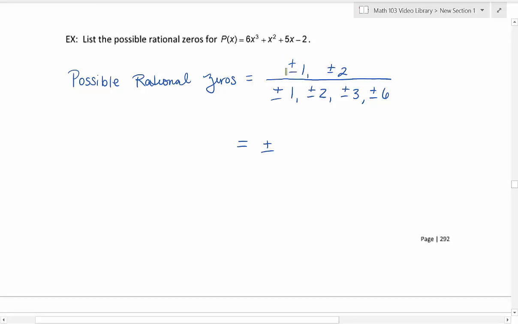If I take the negative from the top and the positive from the bottom, a negative divided by a positive gives us a negative. And then our last combination would be if I took the negative from the bottom and the negative from the top, a negative divided by a negative is a positive.